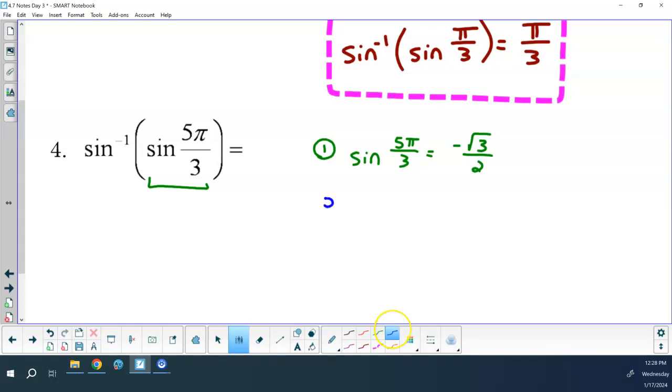Then we take the inverse sine of that. Now, because it's the right half of the unit circle, and I'm in quadrant 4, it's not 5 pi over 3. It ends up being negative pi over 3.